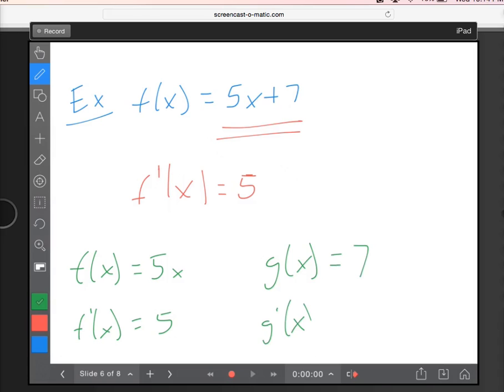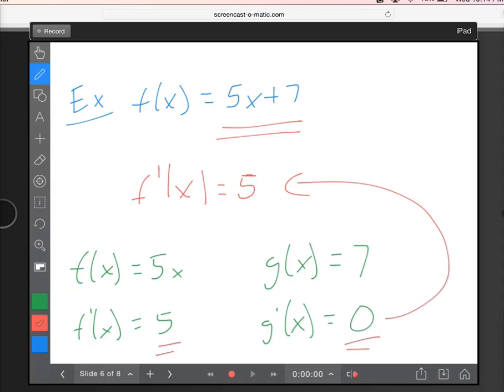The derivative of a constant, we said the other day, will always be equal to 0. So when we have a sum of two or more terms as our original function, if we take the derivative of each of those terms and then add them together, we can end up with the overall derivative of that function.